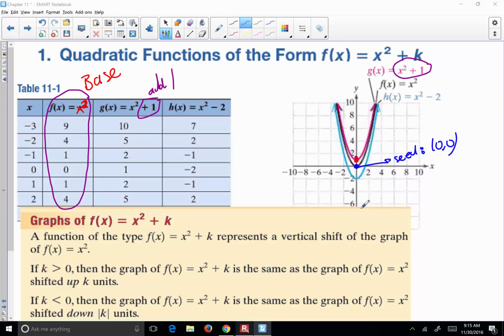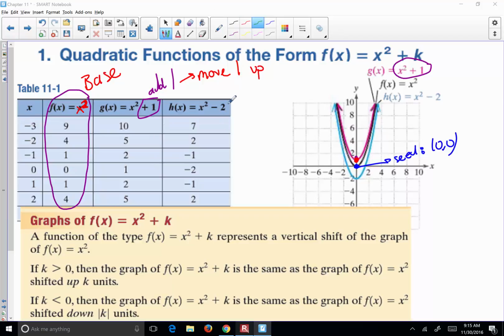Moved which direction? The seed moved how much? And where? 1 up. So adding 1 means move 1 up. That's it. All you gotta do is move the curve, the seed actually, where it starts, 1 up, and branches will sprout.